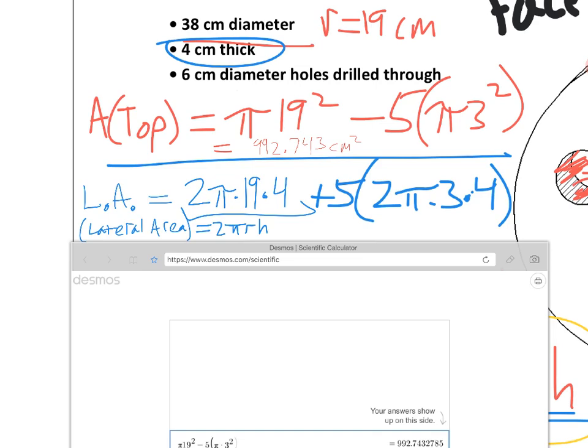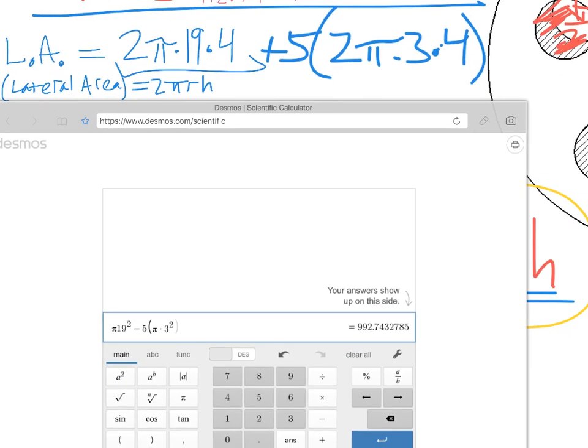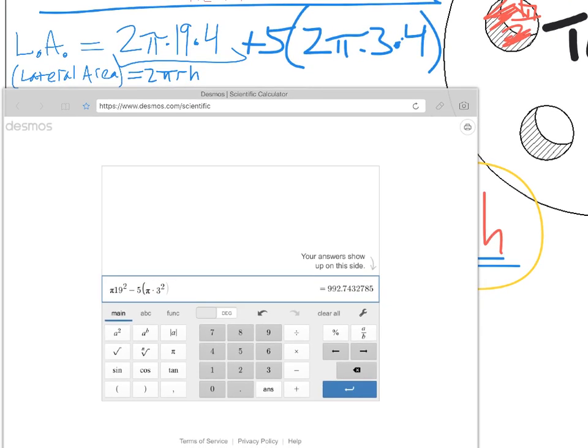Now the lateral area: we have 2 pi times 19 times 4. That is 2 pi r h for the outside. And then we're going to add in, in this case, the little ones. 2 times pi times 19 times 4, that's the area of the outside.